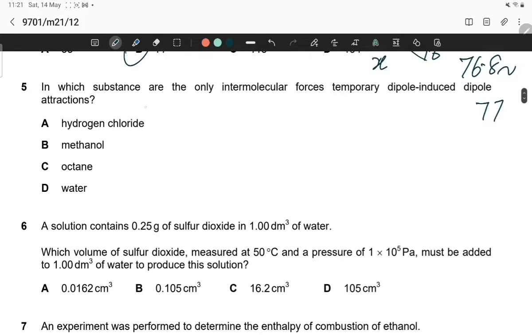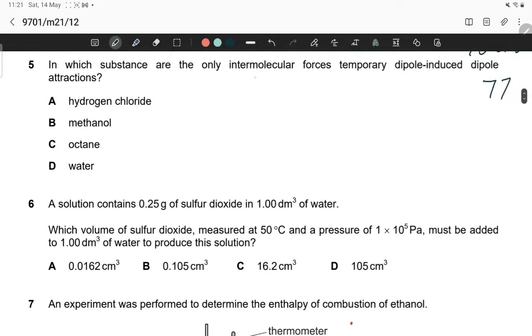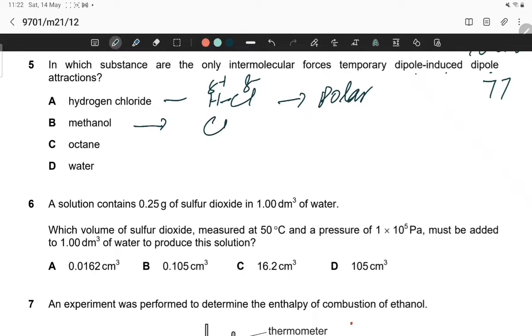Question number 5. In which substance are the only intermolecular forces temporary dipole induced dipole attraction? Hydrogen chloride, there is strong electronegative difference, partial negative, partial positive. This is polar. So over here permanent dipole forces are present. Methanol, CH3OH, is again polar due to the presence of electronegative element oxygen.